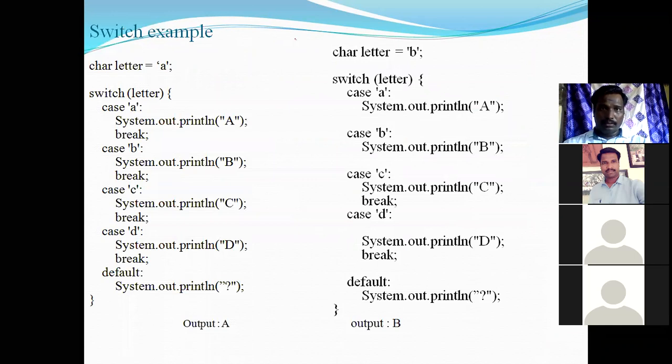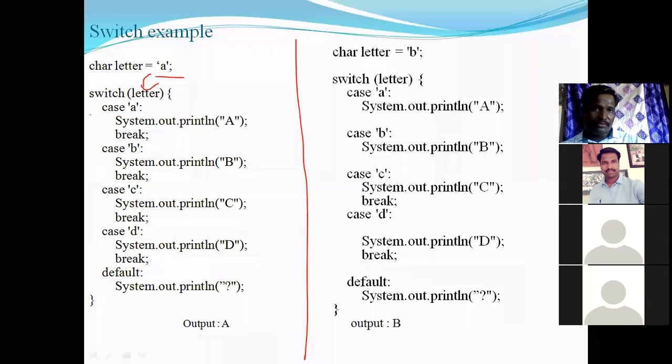Here we have 2 sections. I assigned the character A, and I'm checking in the switch which case is matching. The first case matches, so it displays the output A. In case I assign the character B to the variable letter, which case is matching?